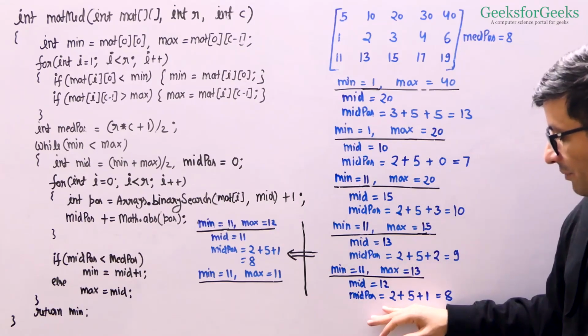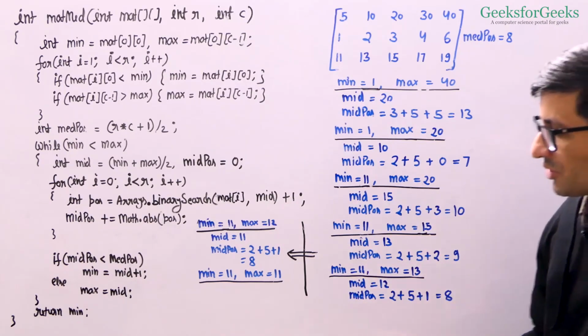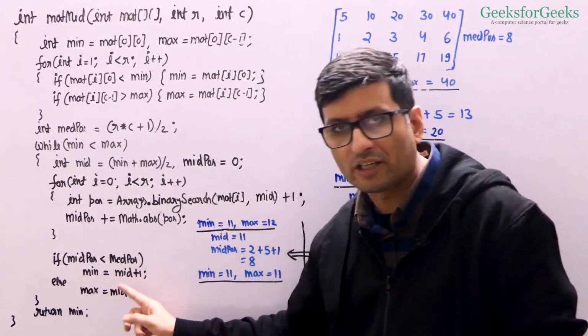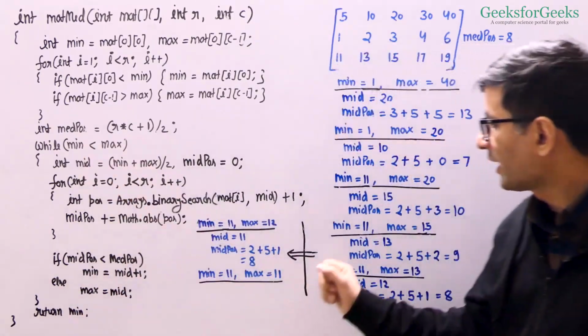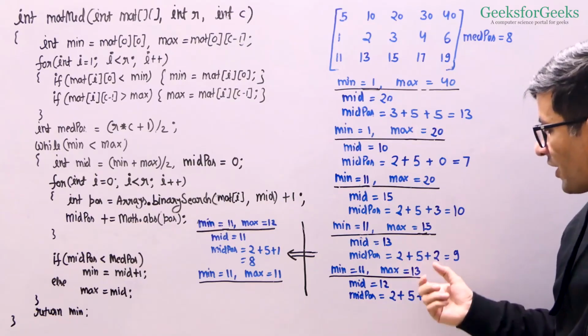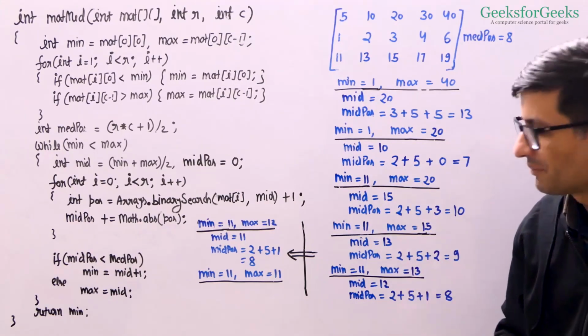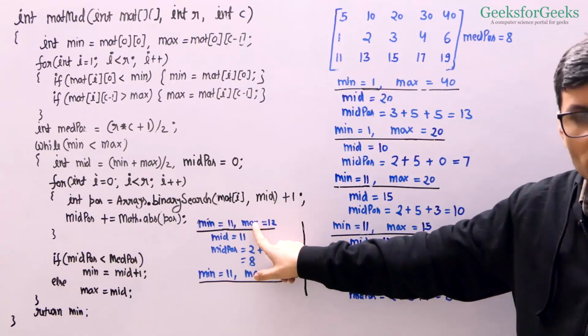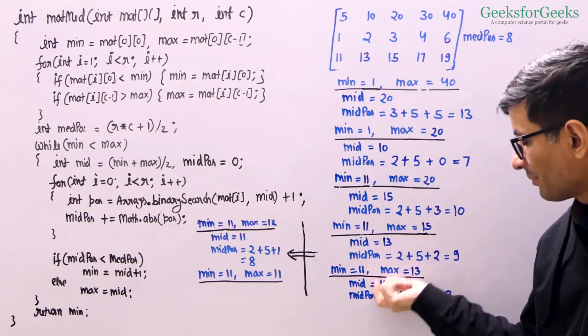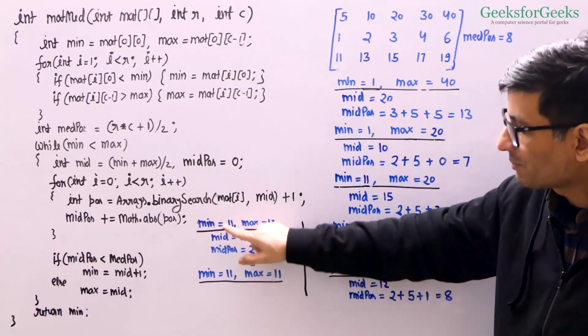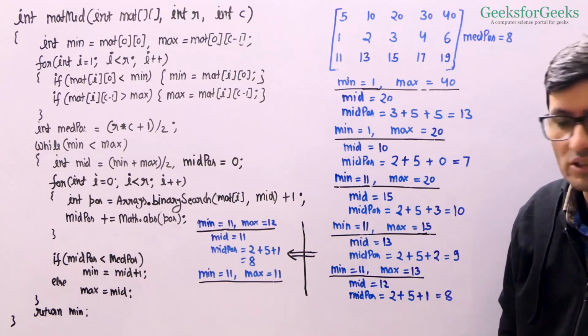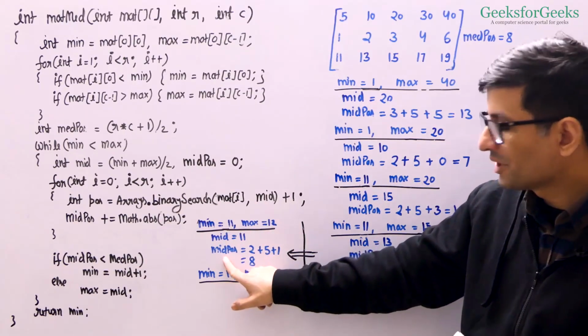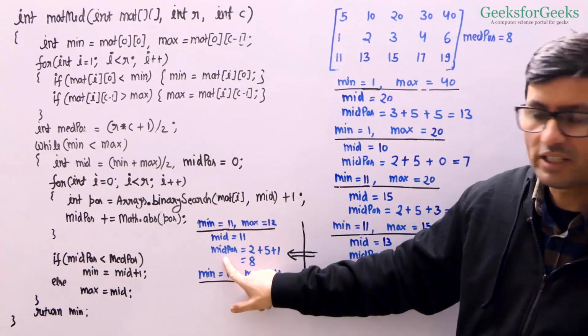We do not stop here because min and max are not same, and this is where this trick helps, right? And this condition also helps. Now what we do is we try to make min and max same. For that purpose, we again set the max as 12, right? We keep the max as mid, and then we compute the mid as min plus max by 2, which is 11, and we find the position of this as again 8, right?